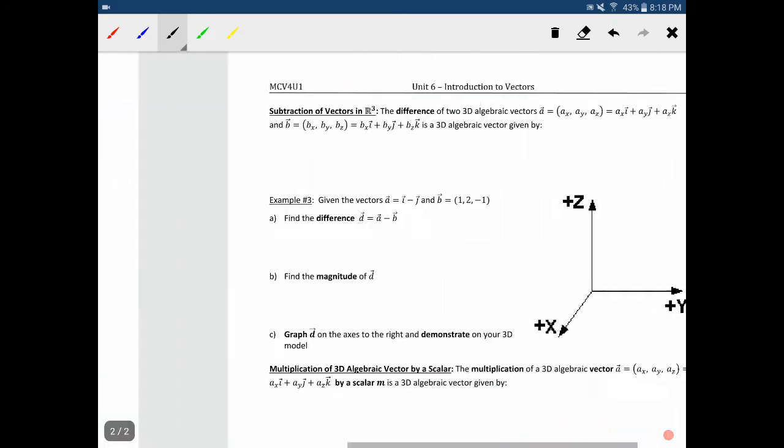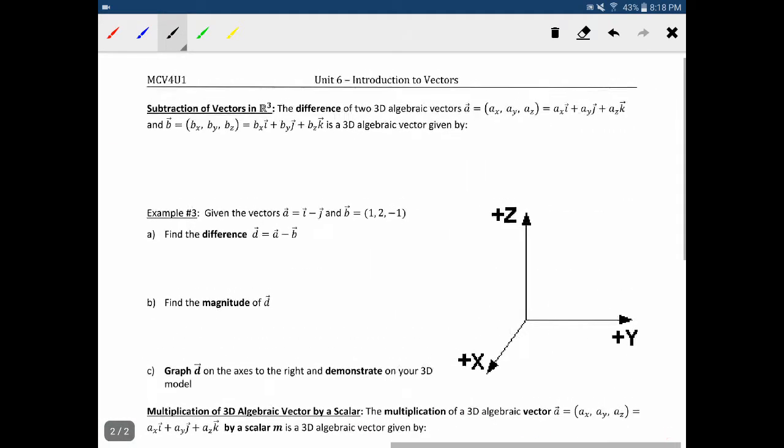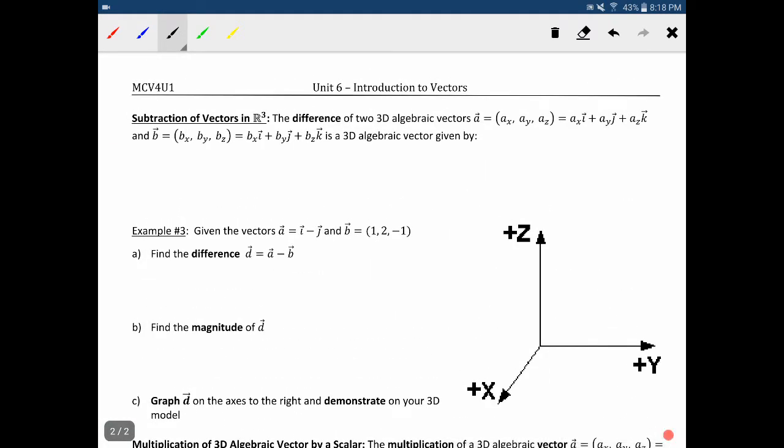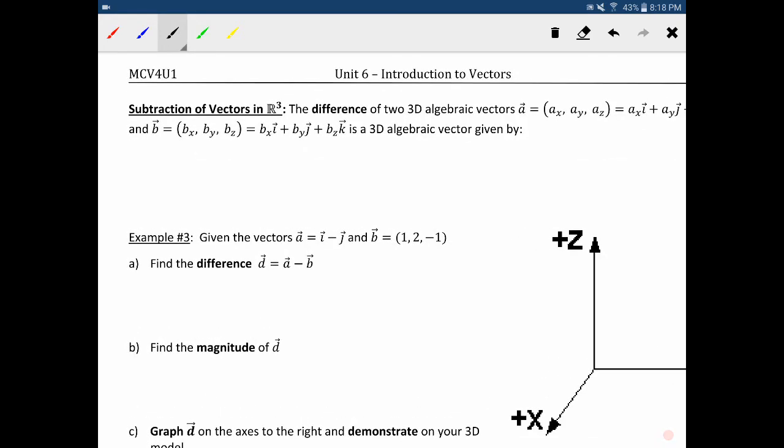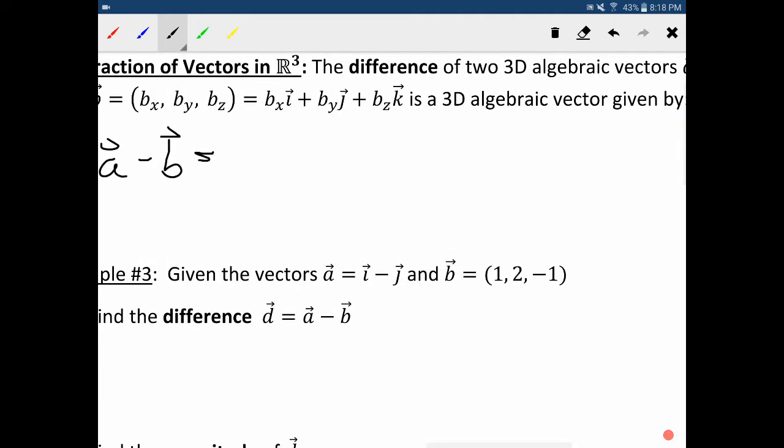If we flip over to this one, you can see the same rules apply in subtraction, of course. You just go component by component. We look at the x's, the y's, and the z's. So if I've got a minus b, it's just going to be ax minus bx, ay minus by, and az minus bz.